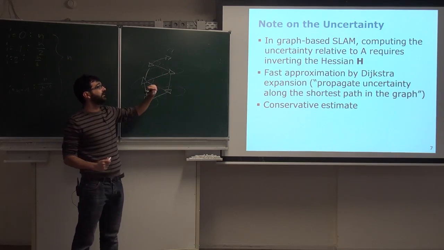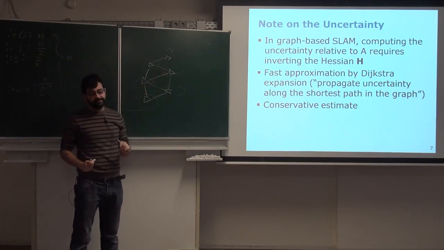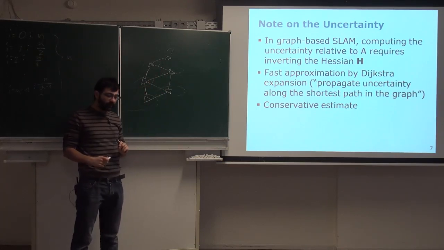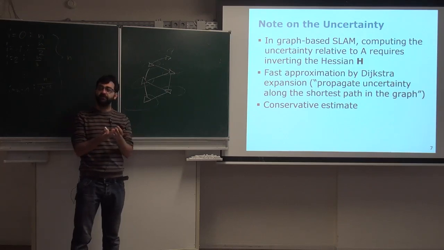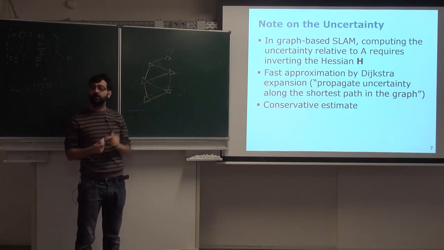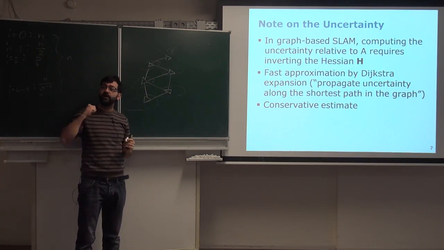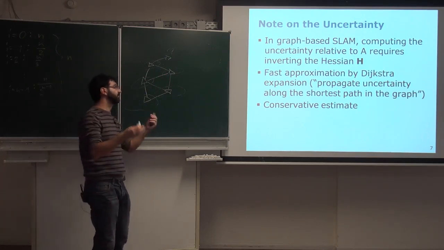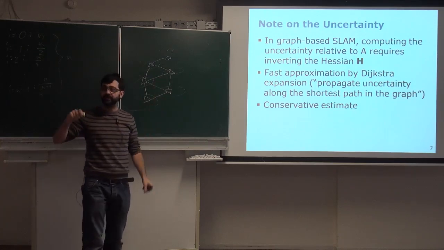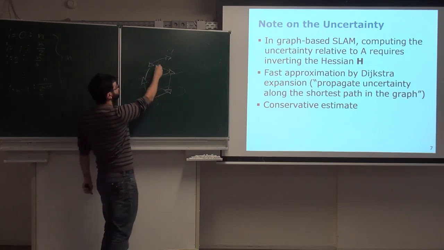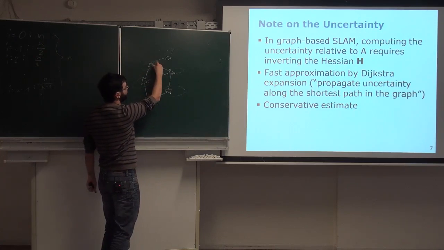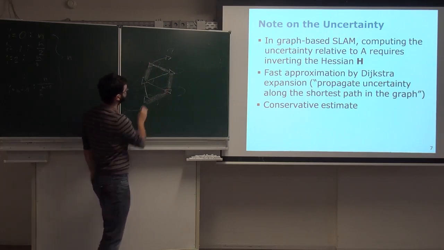By shortest, I consider as a distance the determinant of the information matrix on the measurement. So I go shortest in terms of the one that gives me more information, or let's say in this sense would be the one over the determinant. And then I just approximate this by maybe a tree, then it becomes like this. Then I have maybe something like this.